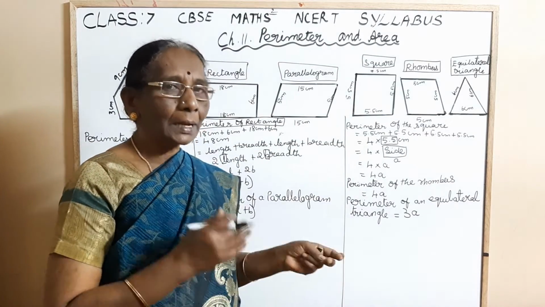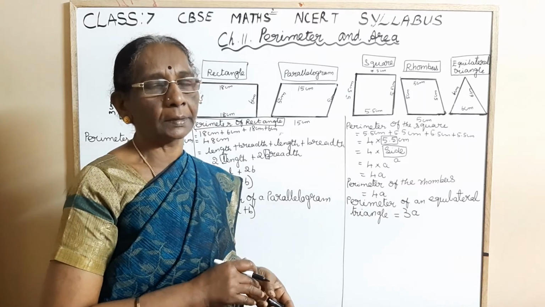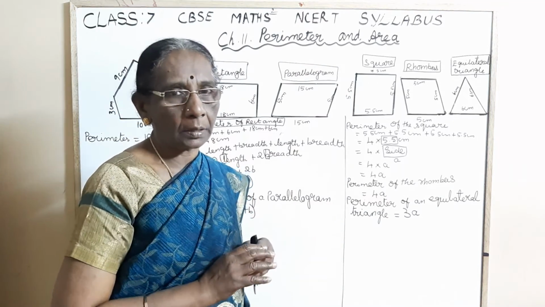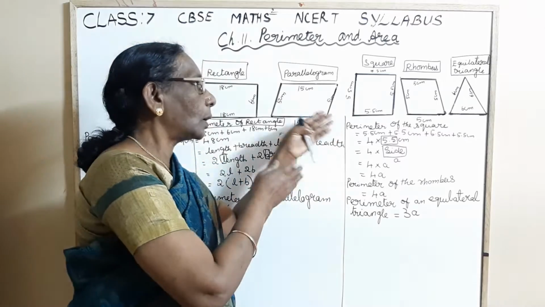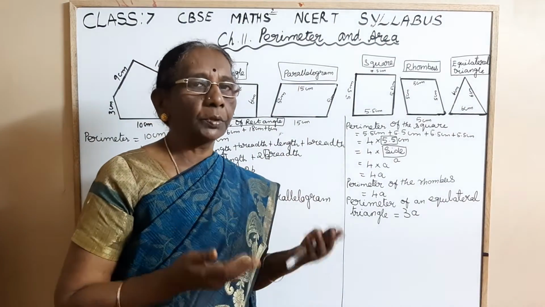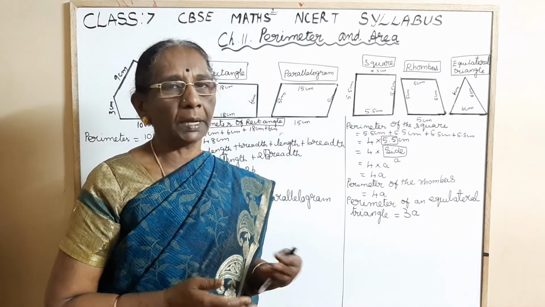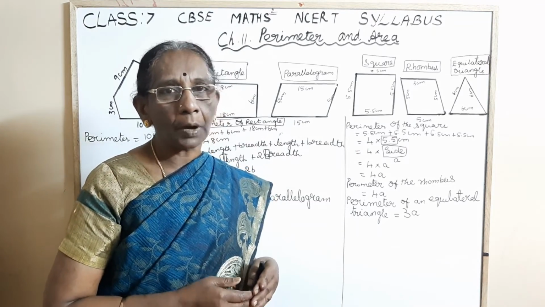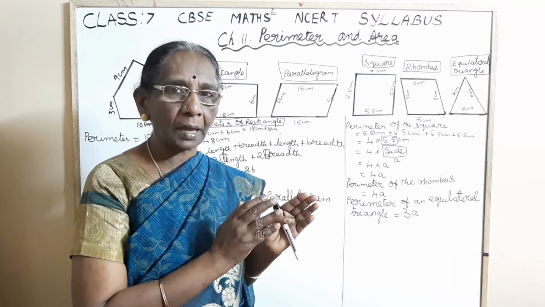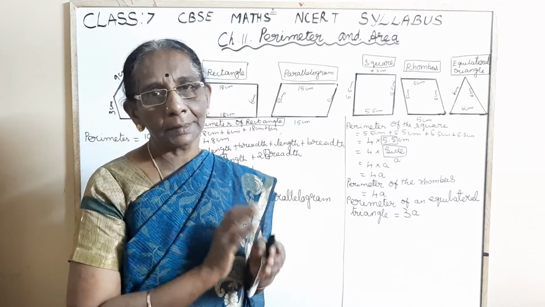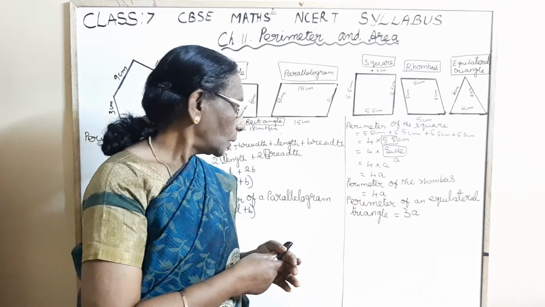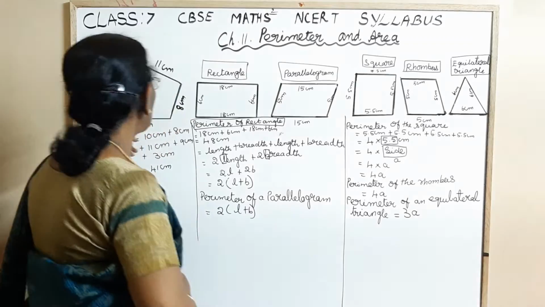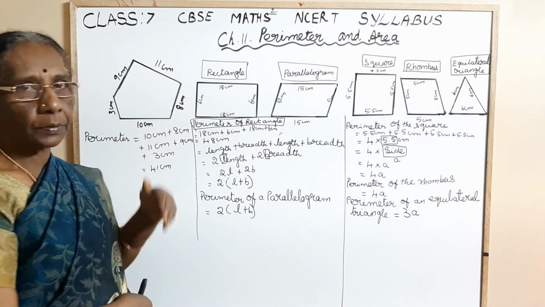And the general formula for regular figures. Regular figures means all the sides will be equal. If you take a square, all the sides are equal. And if you take any polygon, that is pentagon or hexagon, if all the sides are equal, then the general formula is number of sides into length of the side. Okay, children? Here the pentagon has sides that are not equal.